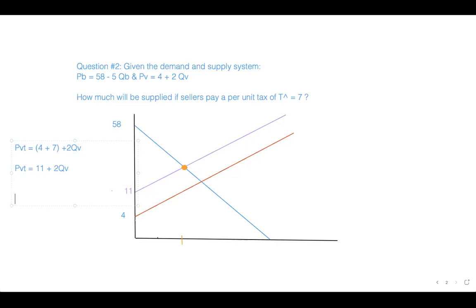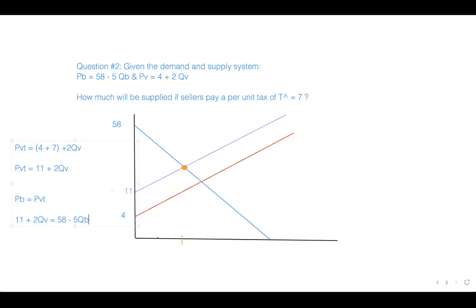Now again, we want to look for the equilibrium. The after-tax equilibrium is going to be where PB is equal to PST. So we're going to have 11 plus 2QS equal to 58 minus 5QB.